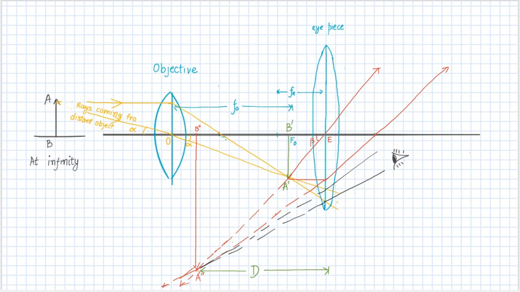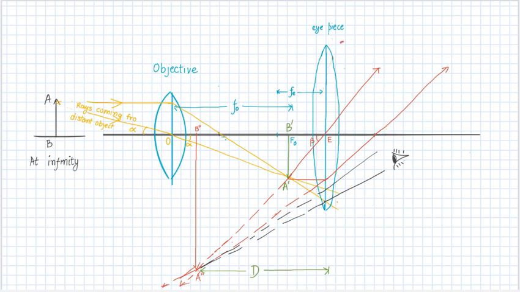The magnifying power is the ratio of the angle subtended at the eye. This time, consider your eye to be placed somewhere near the eyepiece, since we are looking through the eyepiece. So instead of considering this position, consider this one as your eye for now.